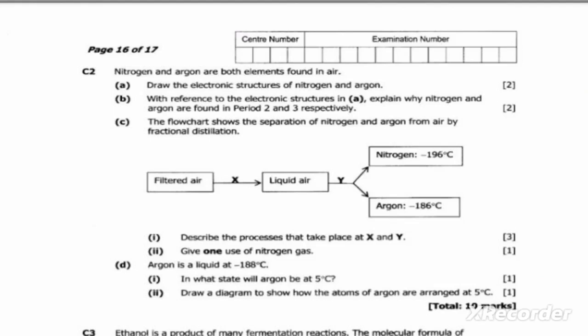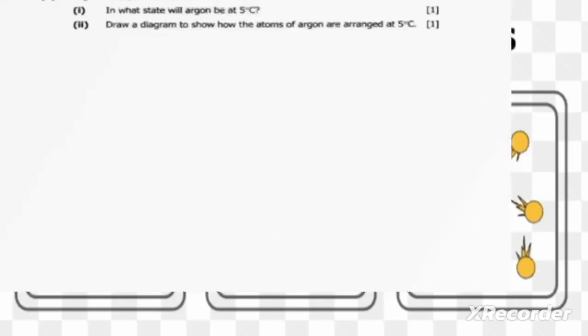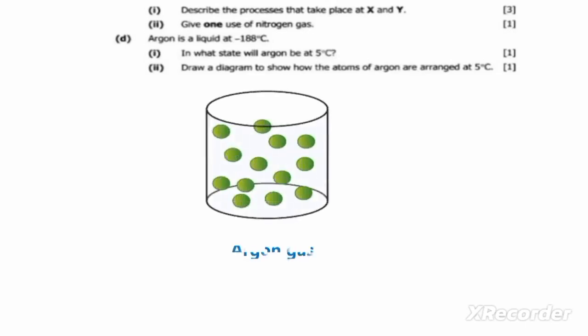The particles in a gas are spaced far apart, as we can see. So therefore, our answer will show particles that are widely spaced. So we are done and dusted with this question.